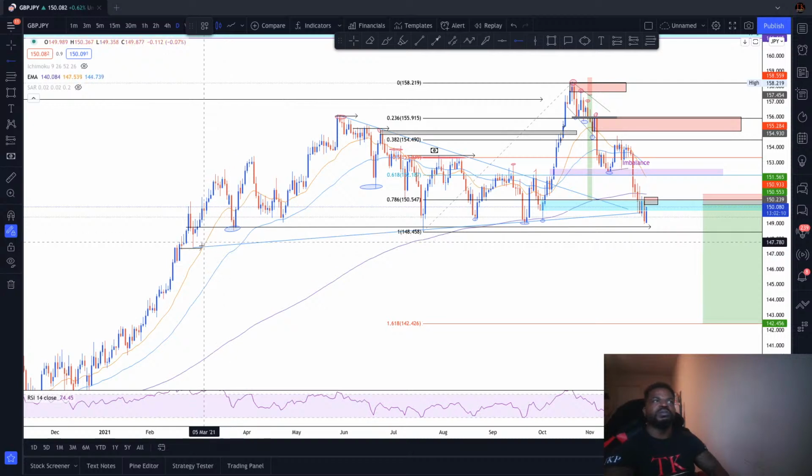For the first TP, we'll look at the lows in this area. It'll be TP1.